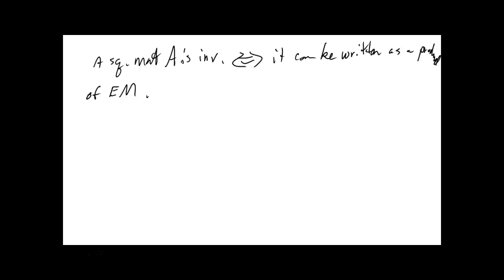The first thing we ran into is that if you row reduce it with the identity matrix adjoined to it, then you're going to get the identity matrix multiplied by the inverse. Okay, that was one.